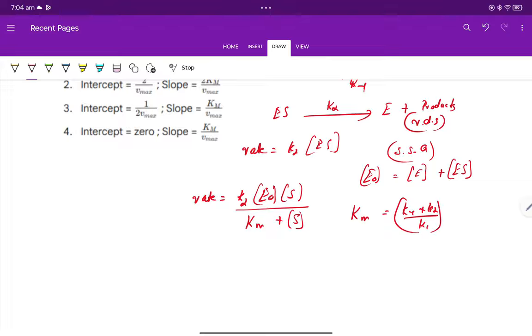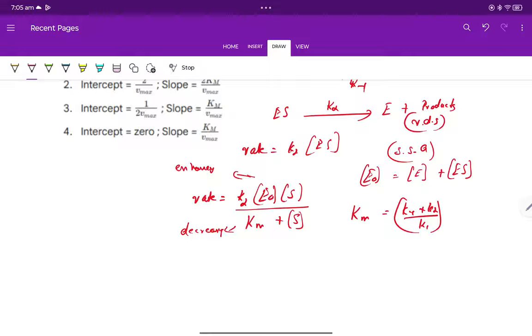Always remember that whenever you see a rate equation of this sort, the terms in the numerator will be enhancing the rate, whereas the terms in the denominator will be decreasing the rate.